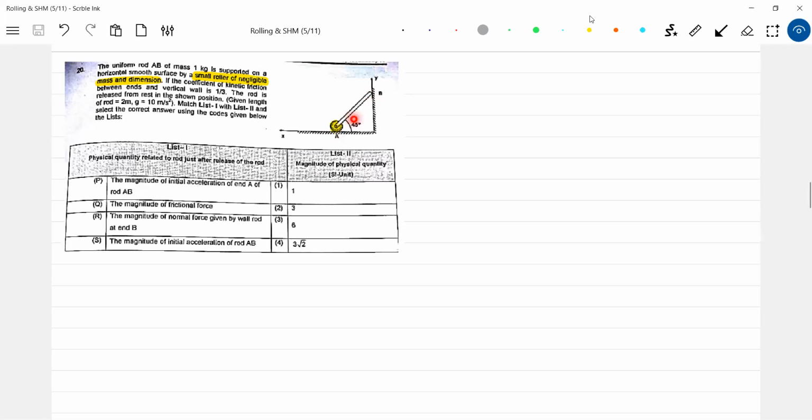It's just like a rod leaned against a vertical wall and horizontal floor. That is asking all these things. Okay, let me start now.